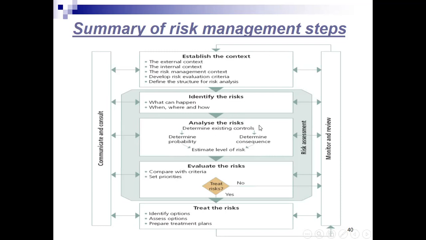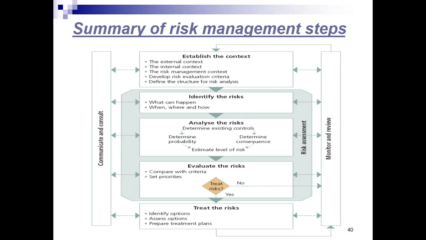Controls, by the way, are steps, procedures, policies, programs that are in place in order to ensure that the operations are effective and efficient accordingly. So that's why we have to determine these existing controls. The chance is determined, the consequence or the result, being let's say negative or positive, would also be determined. And by then, we can estimate the level of the risks.